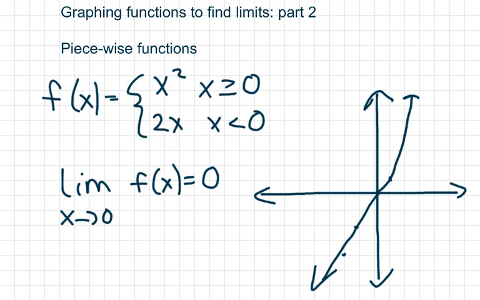So I graphed this function, and we want to know what the limit of this whole function is together. And if you look at it, as we approach 0, we're approaching 0 from the left and from the right. So we're going up here.